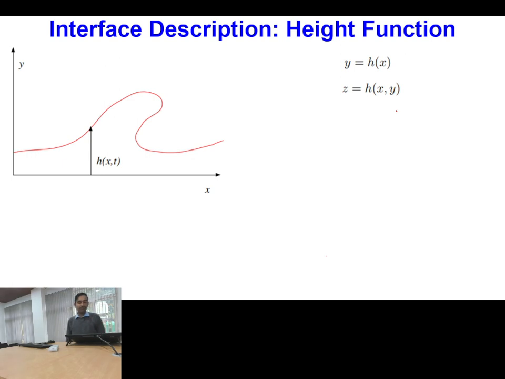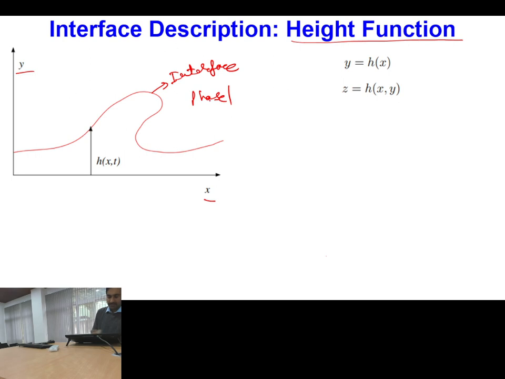So one of the first types of function is called the height function, which can be utilized to describe an interface. So let's consider that I have a two-dimensional space, x and y. In this two-dimensional space, this red curve is nothing but my location of the interface. So it means above this, say I have phase 1 and below this I have phase 2.